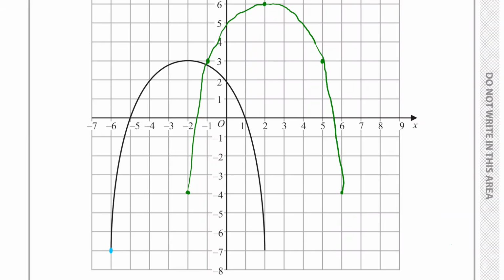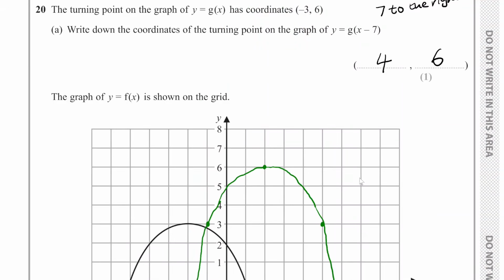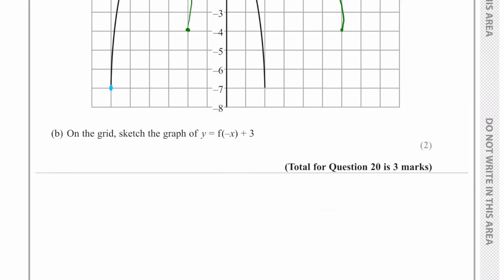The x coordinate becomes positive. So it becomes +6. And we're going to add 3 to the y. So it becomes +6, -4. So we're going to do that transformation, add 3 to all the y's, and multiply the x coordinates by -1.